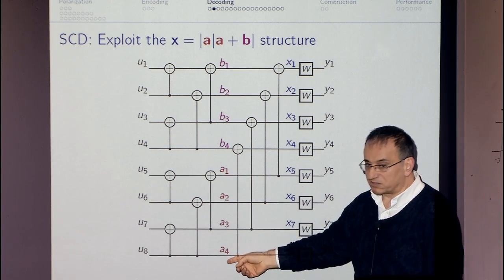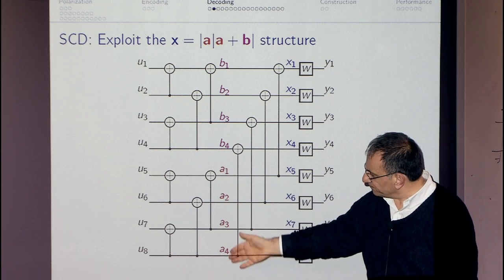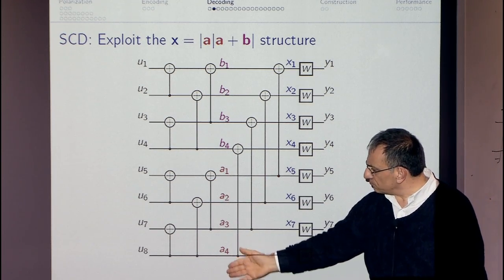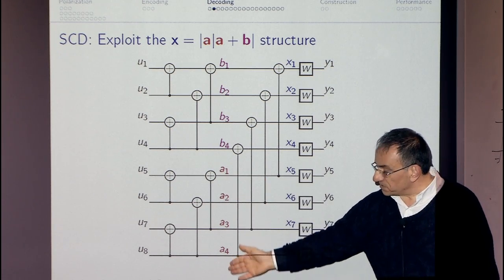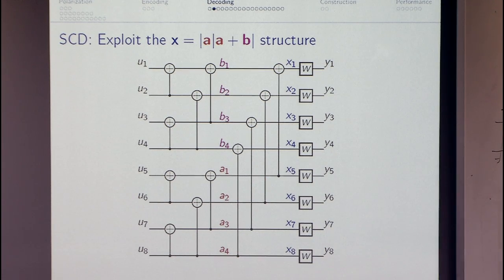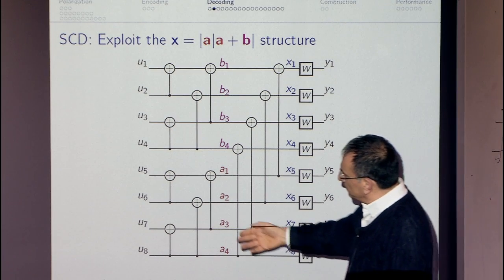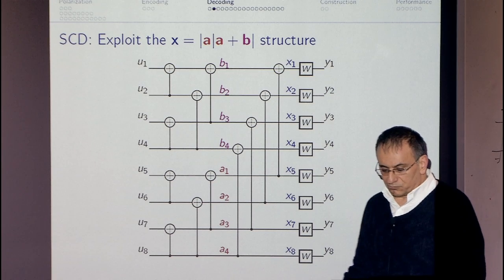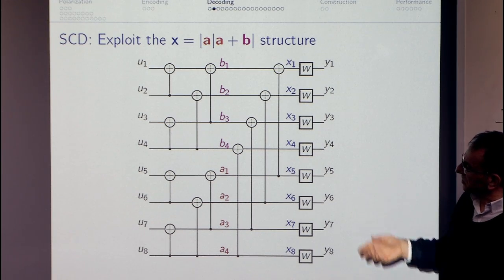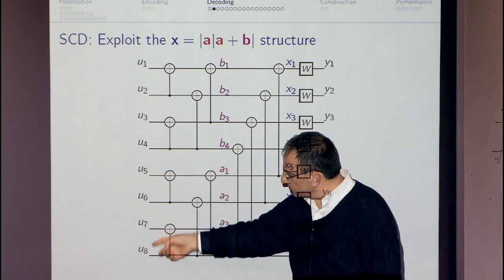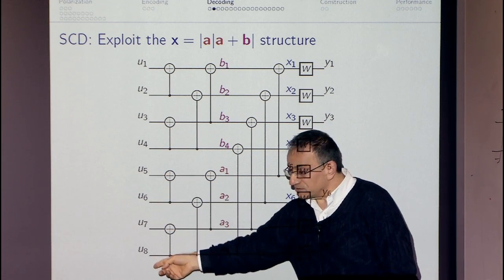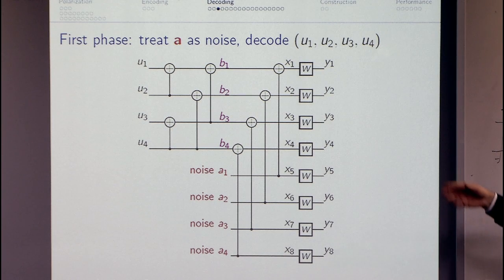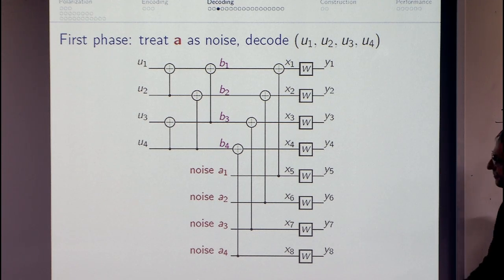So there is an A vector here. This A vector is coming from some data and maybe from some frozen bits. We don't know what these are. If some of these bits are frozen, we know a little bit about these. But in this decoding, we don't try to take advantage of our knowledge of any of the frozen bits in this segment. So we treat all of them as pure noise.